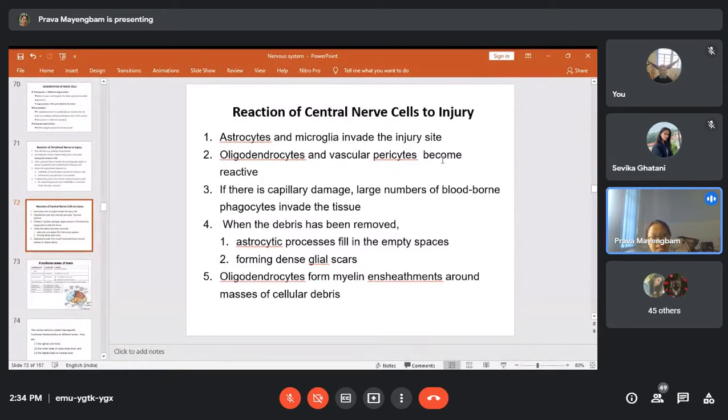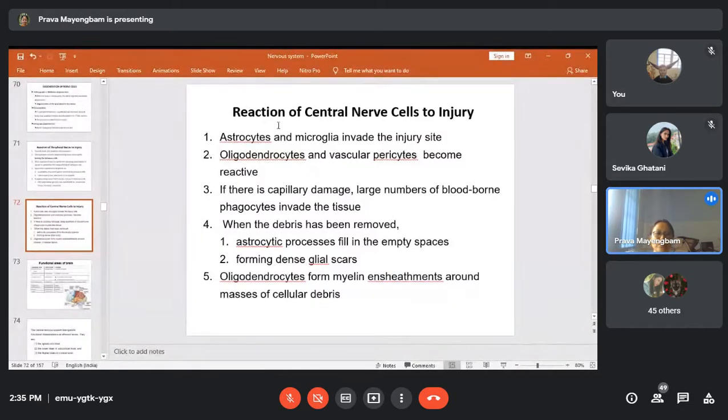they are present in the where? In the secretion of the ependyma, in the cerebrospinal fluid. So they will invade the injury site and they will remove any toxic substances or any poisonous organisms. Maybe it is a bacteria, maybe it's a virus, whatever.